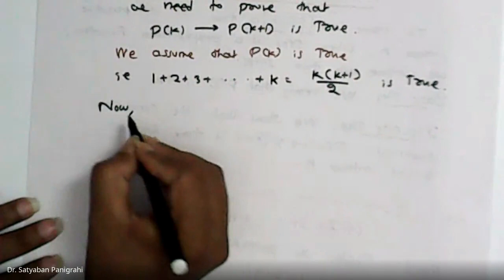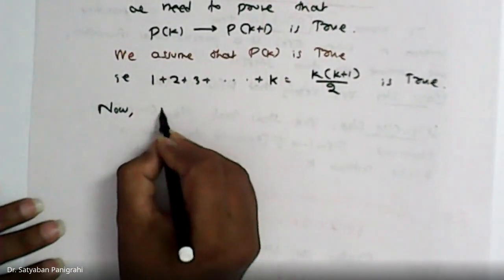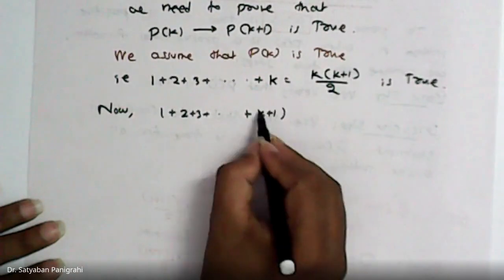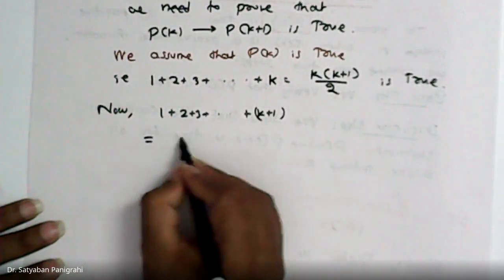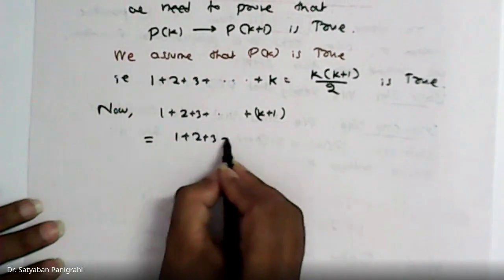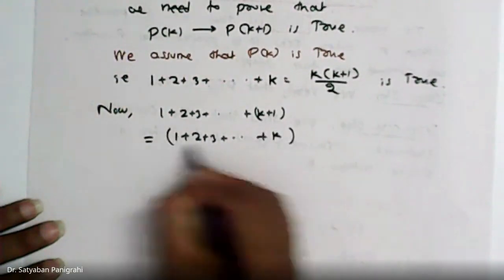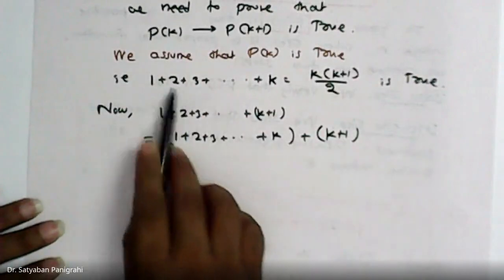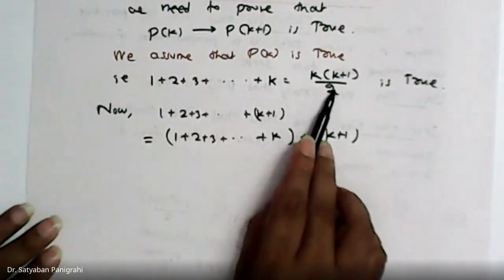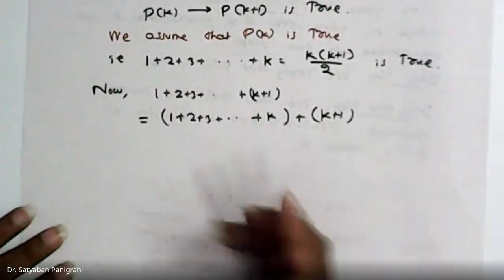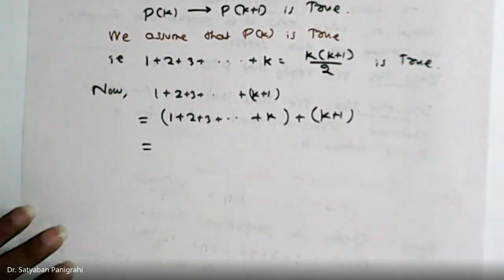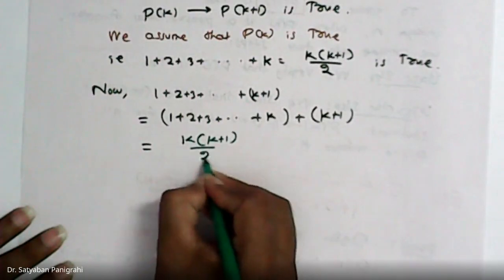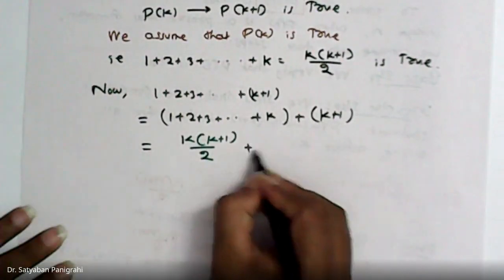Now you can see 1 plus 2 plus 3 up to k plus 1 can be written as 1 plus 2 plus 3 up to k, and plus k plus 1. Now as we are saying that 1 plus 2 plus 3 up to k equal to this much is true, in this place we can write k into k plus 1 divided by 2, and this k plus 1 is as such.